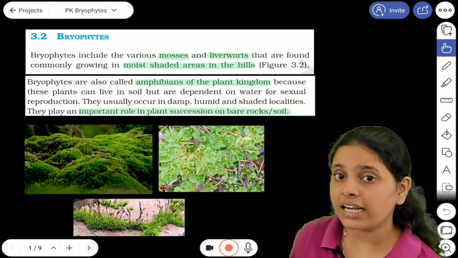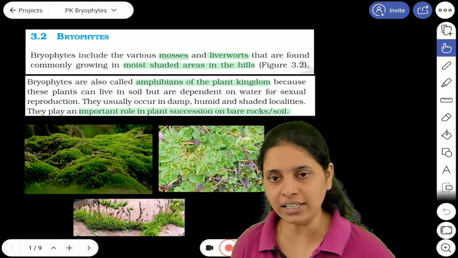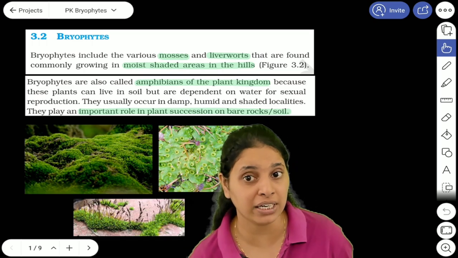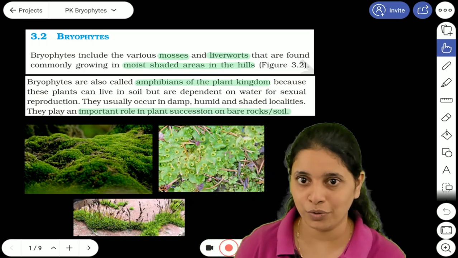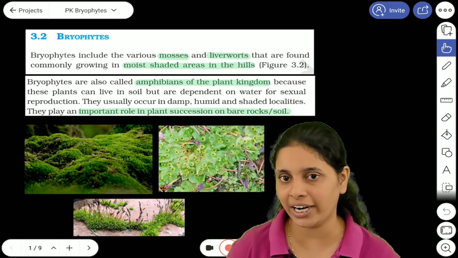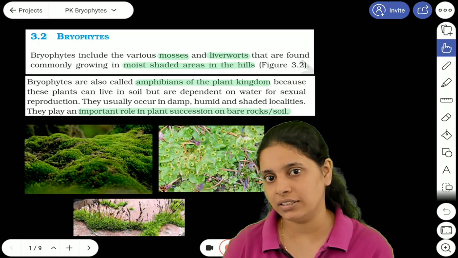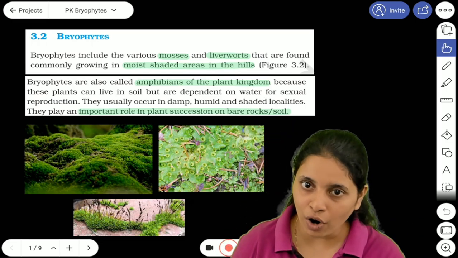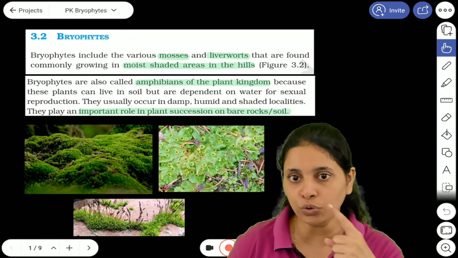They are called amphibians of the plant kingdom. You must be remembering that amphibians, like the frog in the animal kingdom, live both on land as well as in water, and from that the term is used here.